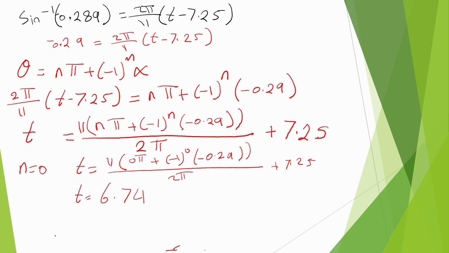Okay, and if you look at the value of 2 pi, it is 6.28, so it's more than 2 pi in here. Or you can say the time here is 6.74, which is 6 hours and 0.74. You can change the 0.74 times 60 into minutes, and that's 44 minutes. So I can say 6 hours and 44 minutes.